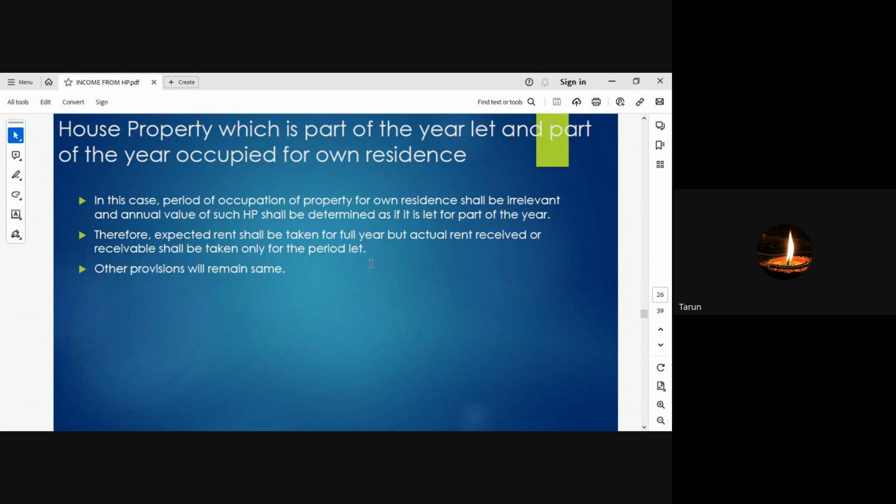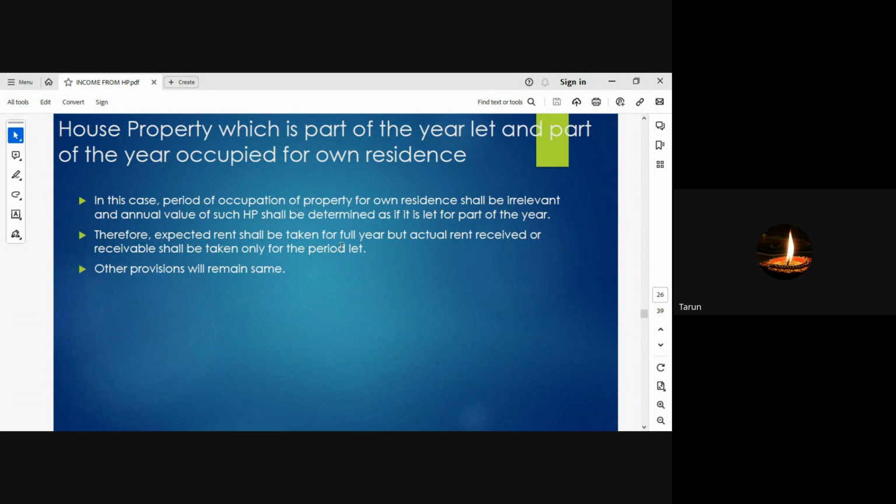Every rule is the same, there are no changes. So when we talk about occupied for own residence, the period of occupancy for own residence will be considered, whether it is the previous year or the current year, and such dates will be given in the questions, so there is no need to worry.